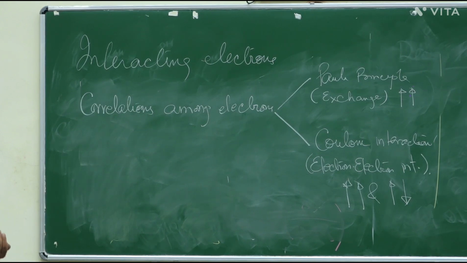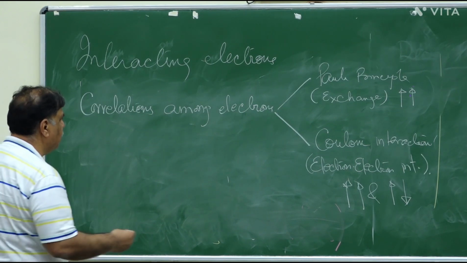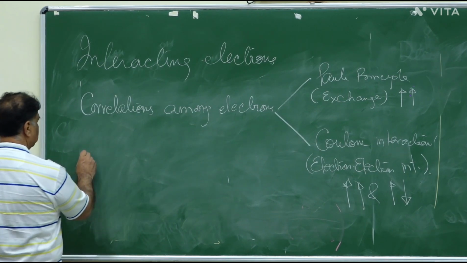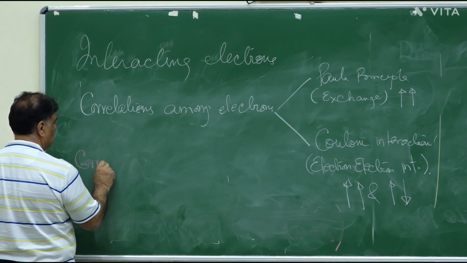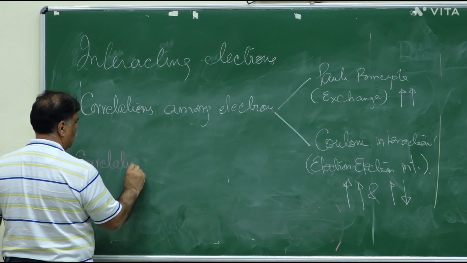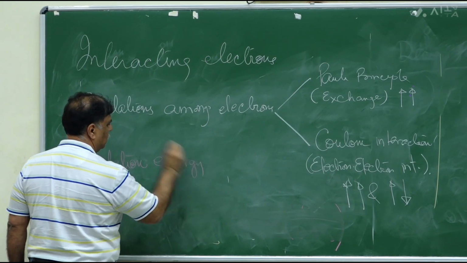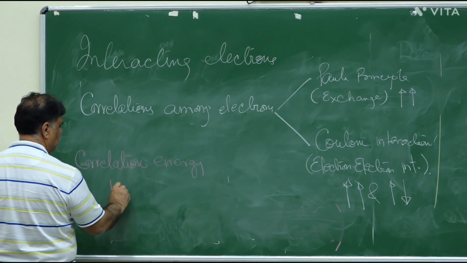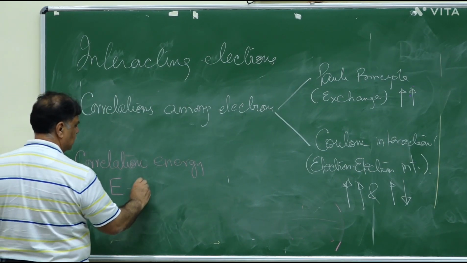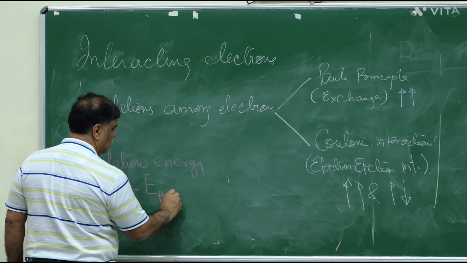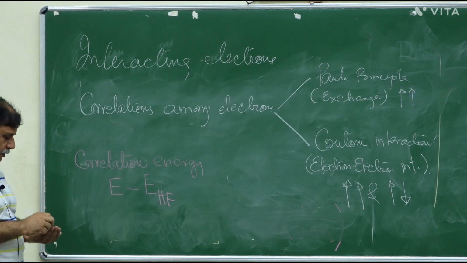Alright? And then in quantitative terms, I'm going to define something called the correlation energy, which is going to be the total energy minus E of the Hartree-Fock system.